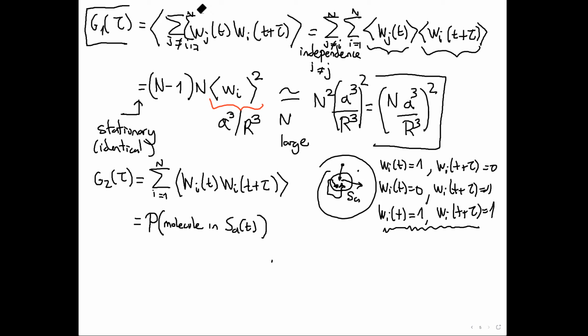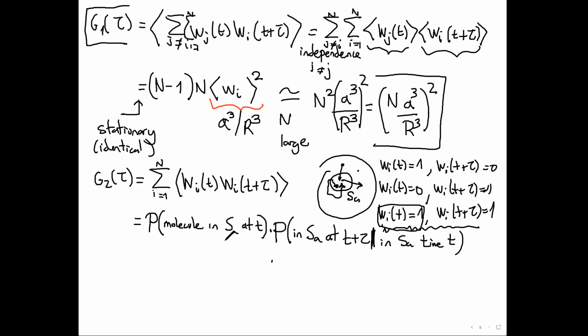So first you need this one. The molecule is inside at time t, and then the probability that it remains, so it is in SA at t plus tau, given that it was in SA at time t.